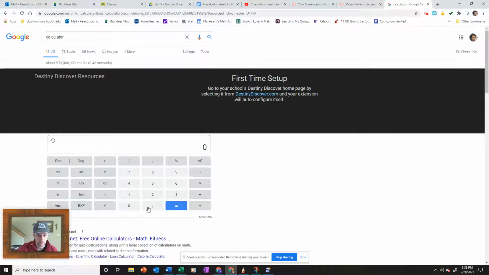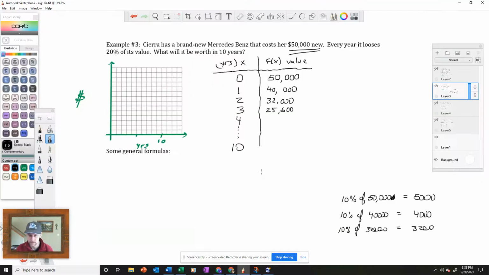So 20% is 0.20, and then times 25,600, and it's that much. So 5,120. So it's going to go down by 5,120. So then I will do this minus 5,120, and I got my new value of 20,480. And so that's going to be the next one.